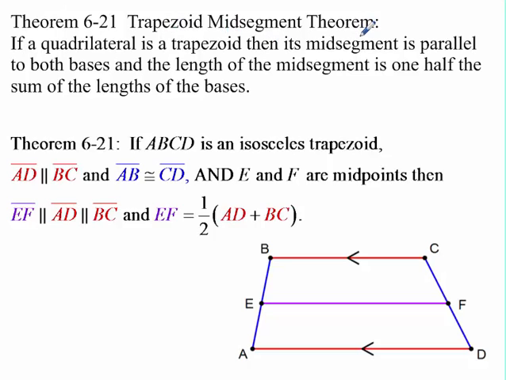Trapezoid midsegment theorem. I've been looking around the internet, and a midsegment is where you find the midpoint of a leg and the midpoint of the other leg, and connect those two midpoints. Looking at other textbooks and stuff on the internet, it seemed to be using the word median also.